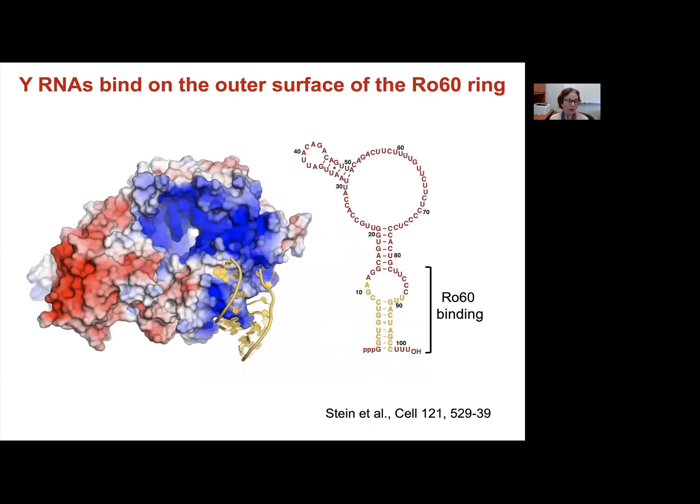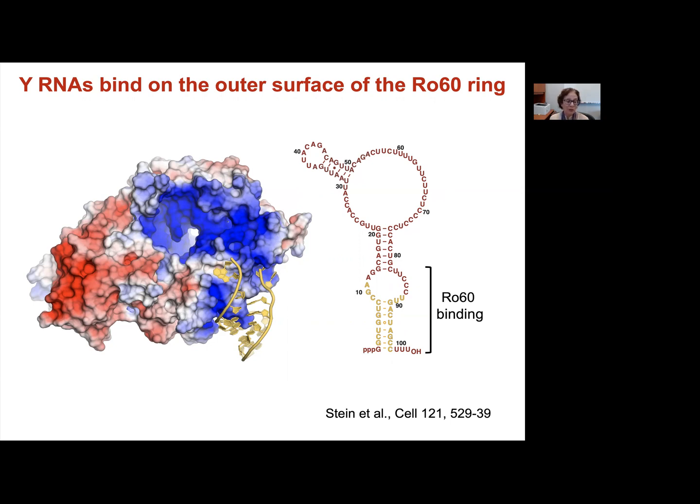Our collaborators in the Reinisch lab also crystallized Rho60 with a fragment of Y-RNA that contains the high-affinity Rho60 binding site. This is a molecular surface representation of Rho60 colored by electrostatic potential. Positively charged surfaces are blue and negatively charged surfaces are red. The co-crystal with the part of the Y-RNA stem shown in yellow revealed that the stem binds on the outer edge of the ring.